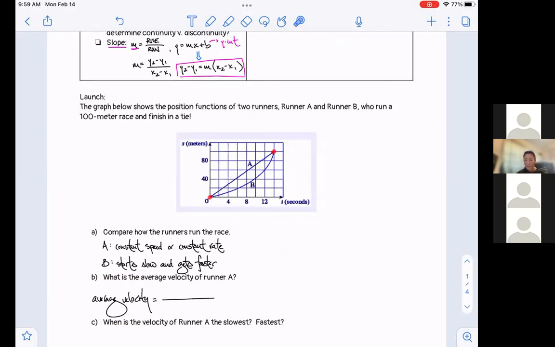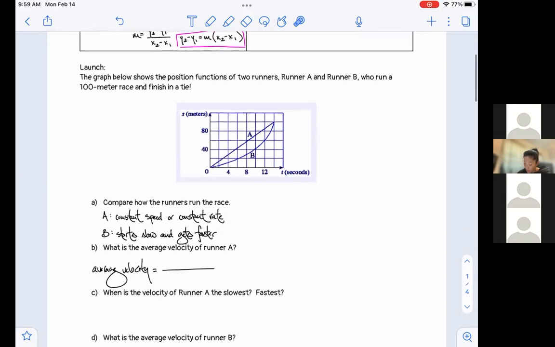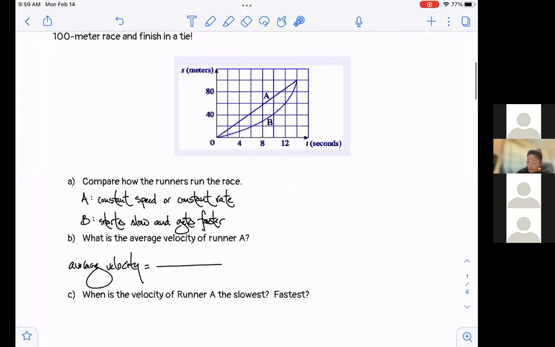Great. Your response and Jordan's response really give us the full picture of what we're looking for here. Average velocity is indeed what Jordan typed into the chat, which we can write as the change in distance over the change in time.